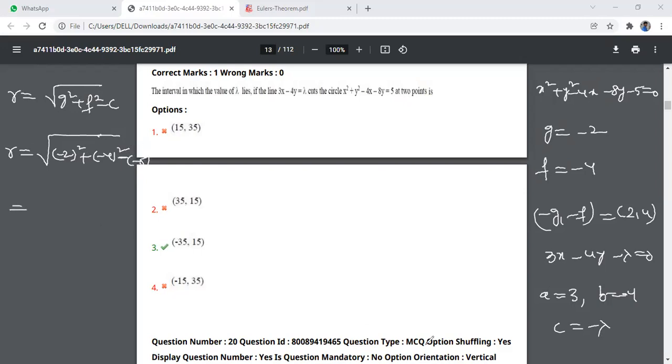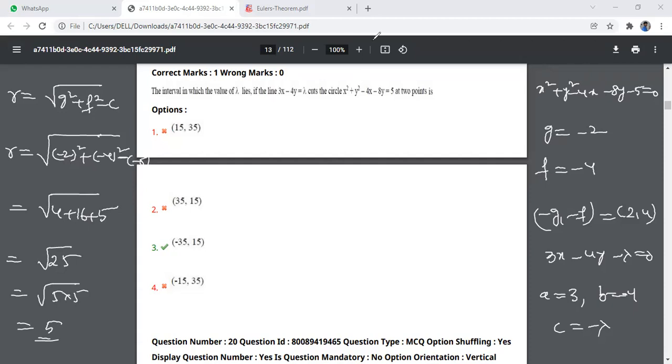So r is equal to what? This 2 square means 4 plus 16 plus 5, because minus minus becomes plus. So 16, 25. Easy. 25 means we can write 5 into 5. That will become 5. Radius r is equal to 5.